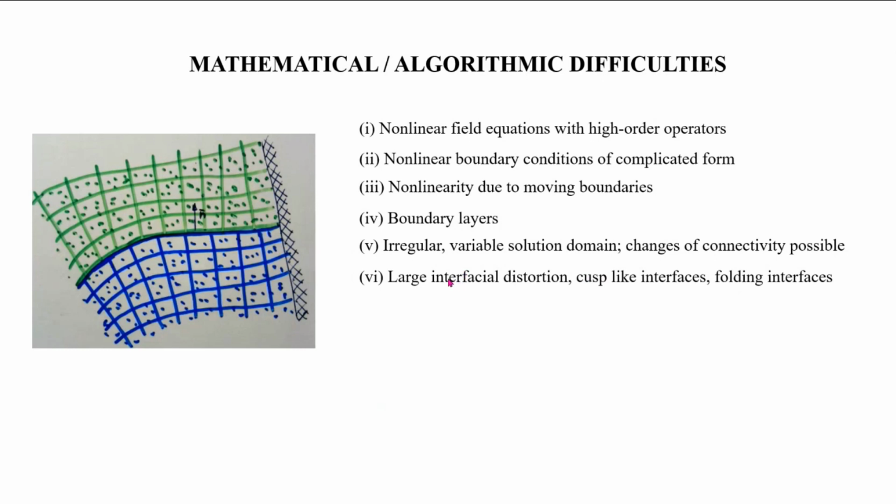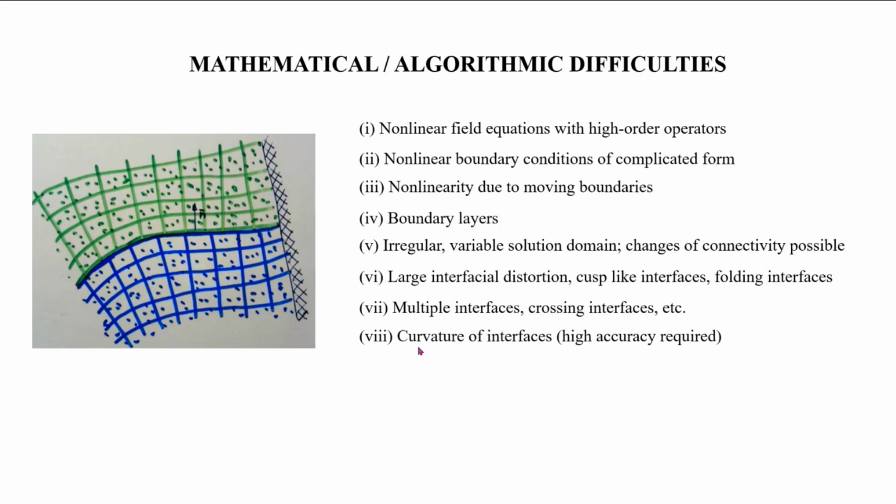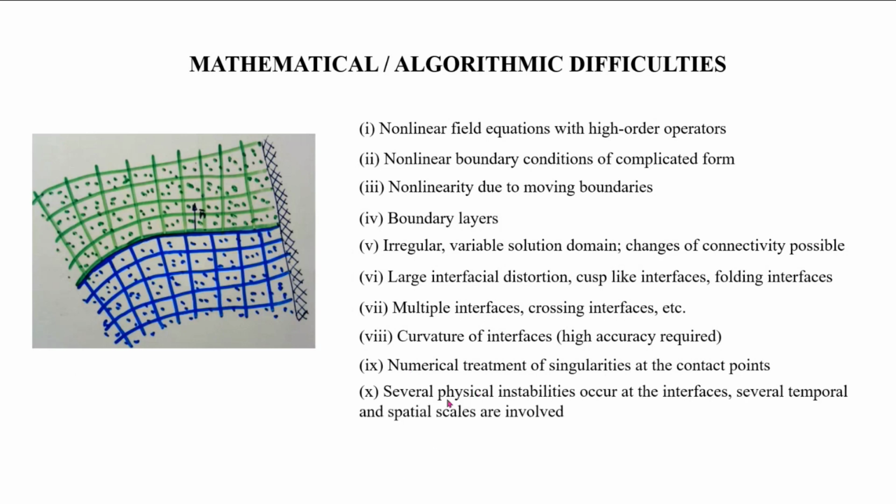Then we have, of course, large interfacial distortion, cusp-like interfaces, folding interfaces, multiple interfaces, crossing interfaces, and so on and so on. And if surface tension plays an important role, we have to have high accuracy to get the curvature of interfaces. And then we have singularities at contact points, so we have to do something about them. And then we can have several physical instabilities that may occur at interfaces. And these instabilities may be characterized by different temporal and spatial scales.